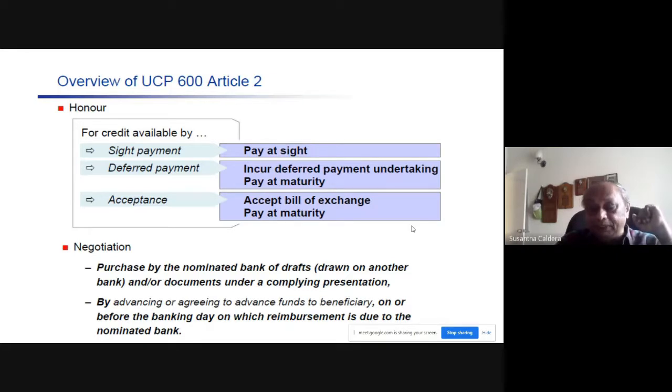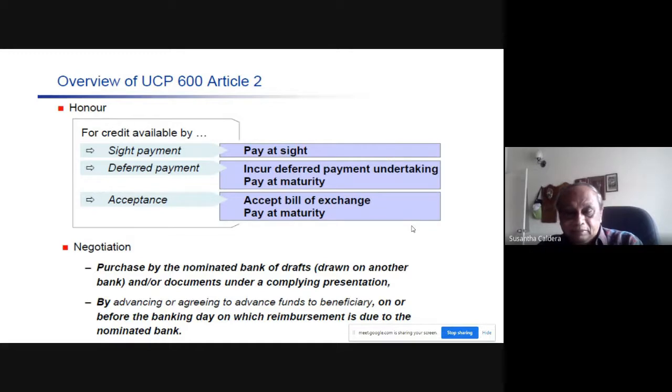I'm talking about the second part. If we negotiate a bill on 1st of September, maybe a usance bill, the money will be received by the nominated or negotiating bank on 1st of November.